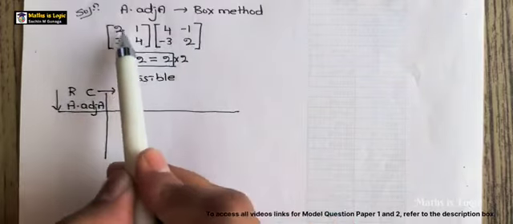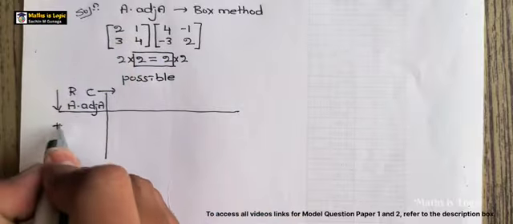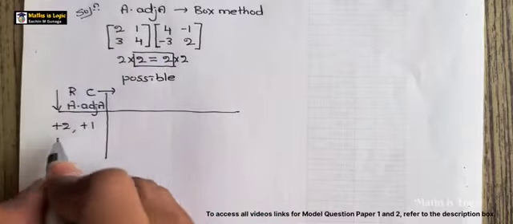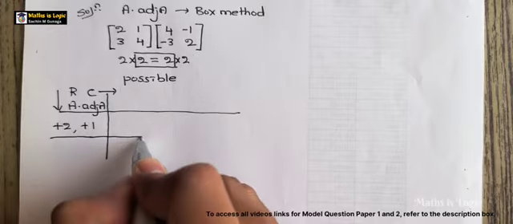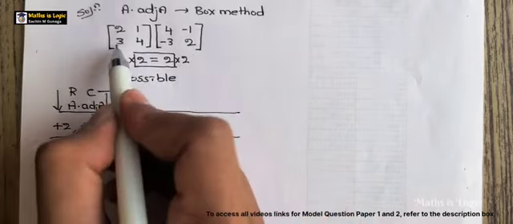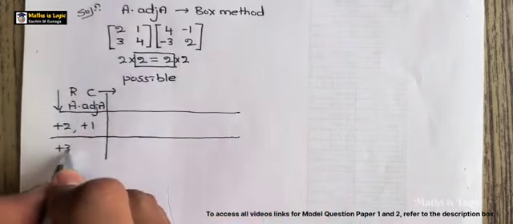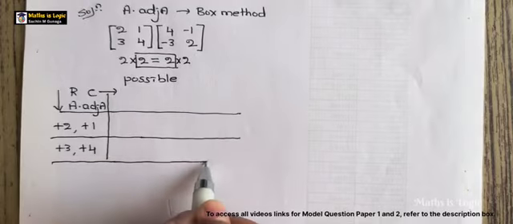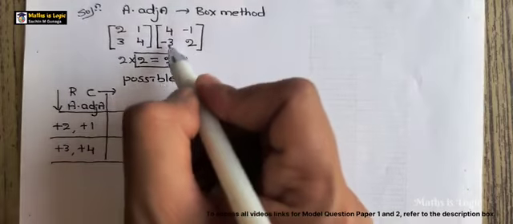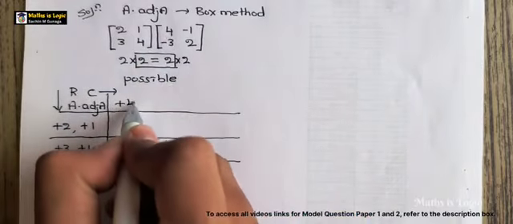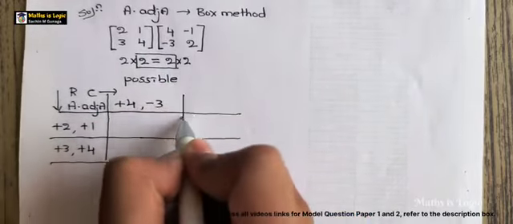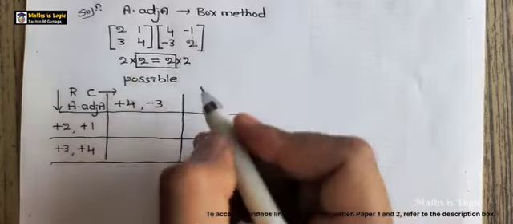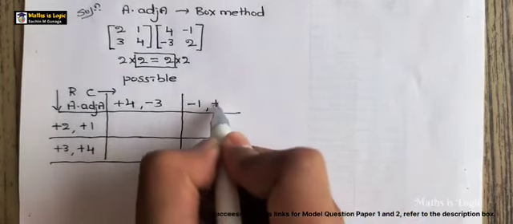What is the first row? 2, 1. So write +2 +1. Second row 3, 4. +3 +4. Next, first column +4 -3. Second column -1 +2.